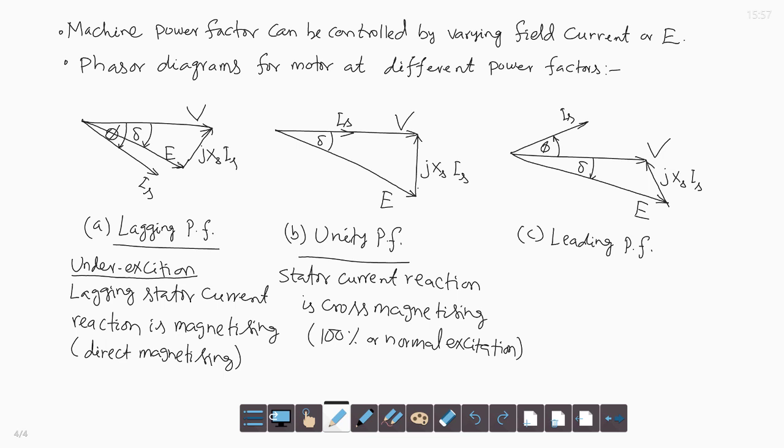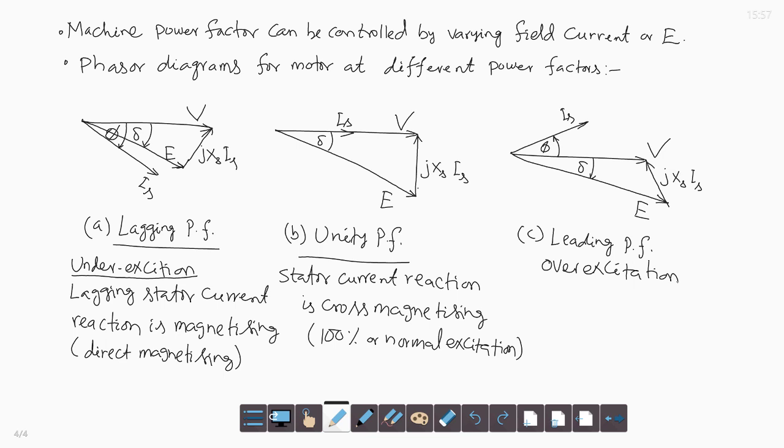Whereas in leading power factor, you can see the induced EMF E has greater length, induced EMF is more than V. That means this is the case of over excitation. So with over excitation, the field MMF is higher, but the net air gap MMF is constant always, of all types.